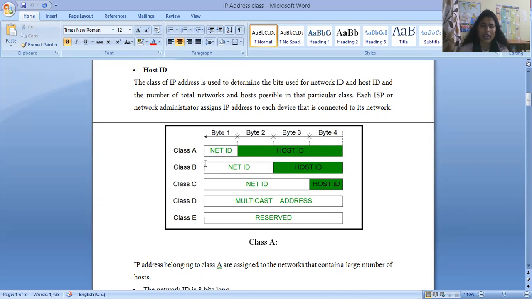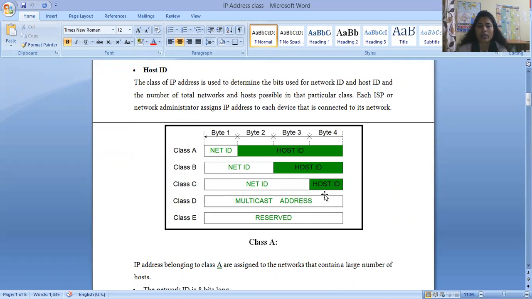For class A, how can we identify that an IP address is for class A? We always check only the first byte: that is the network ID and the rest is the host ID. In class B, 16 bits are the network ID and 16 bits are the host ID. In class C, 24 bits are the network ID and 8 bits are the host ID.